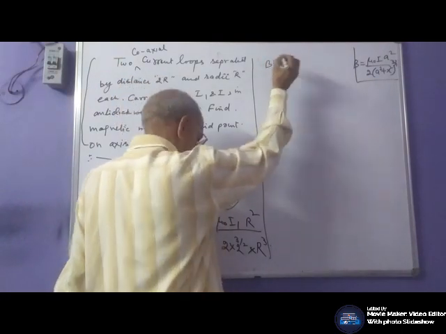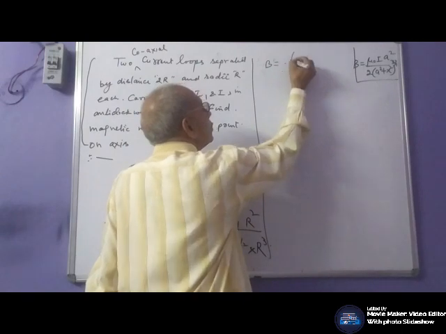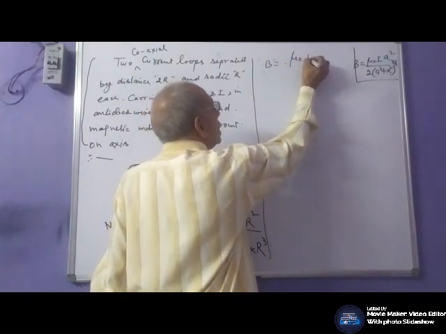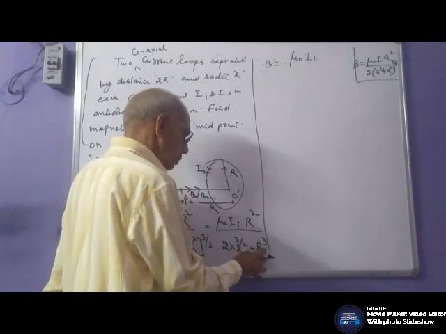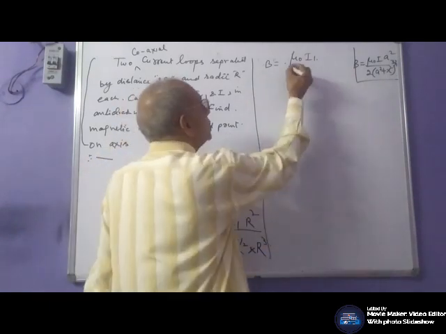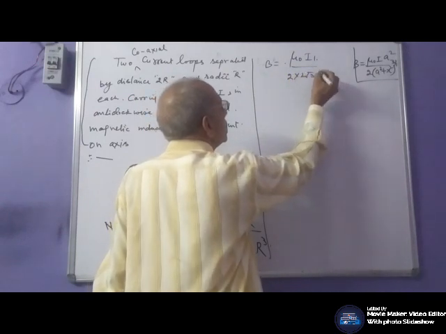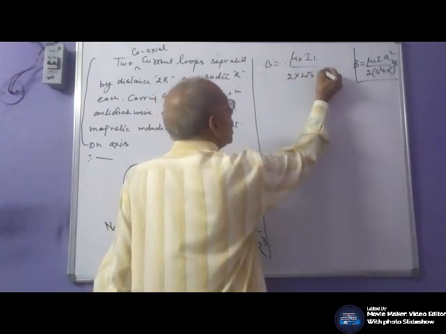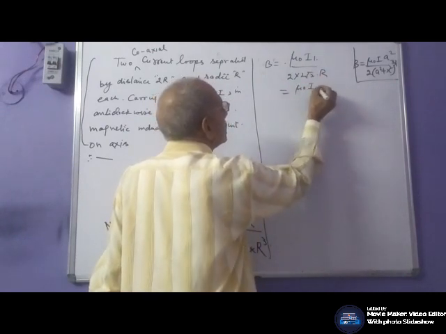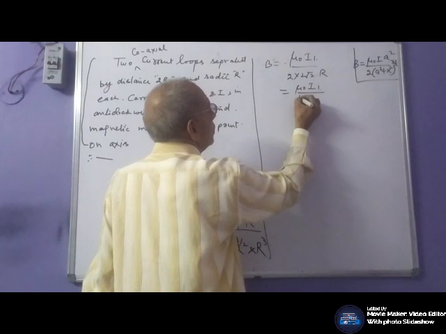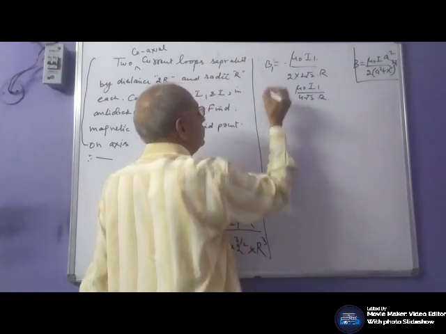Mu naught I1 r square cancels with this r cube. Here left is 2 root 2 r. It is mu naught I1 by 4 root 2 r, it is B1.